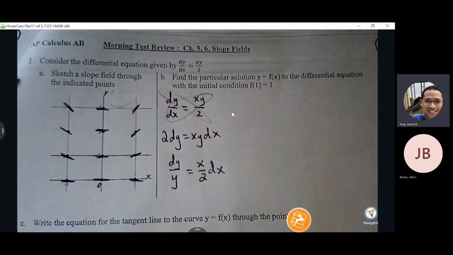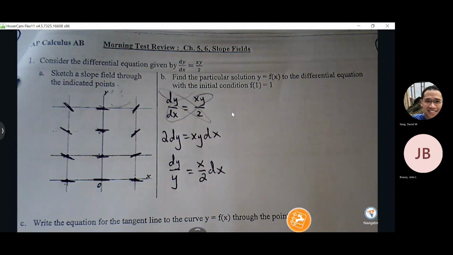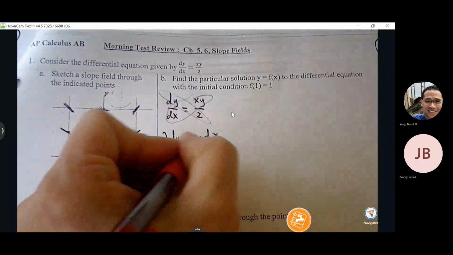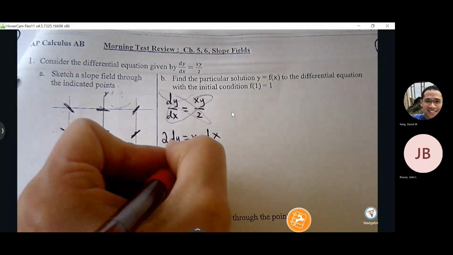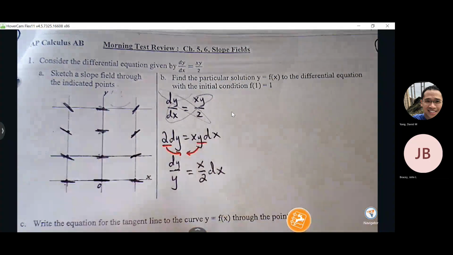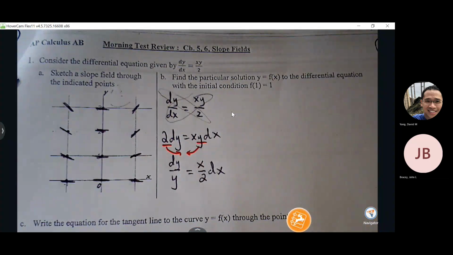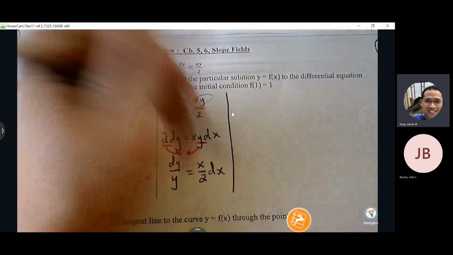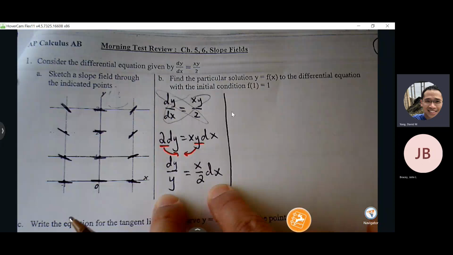Okay, does everybody follow that? Okay, so we have full separation. Y is on the left, x is on the right.